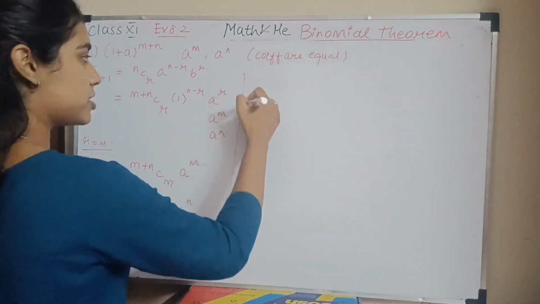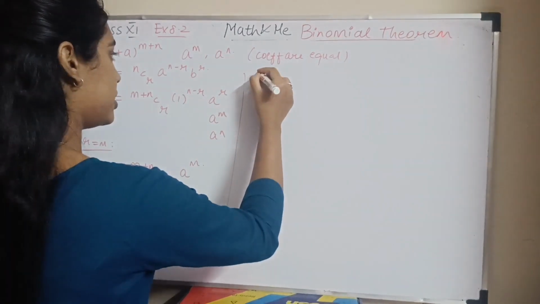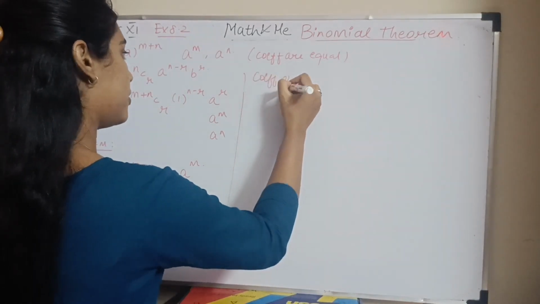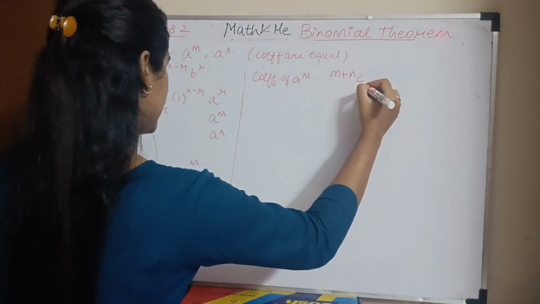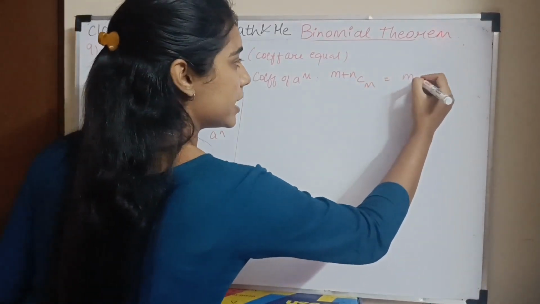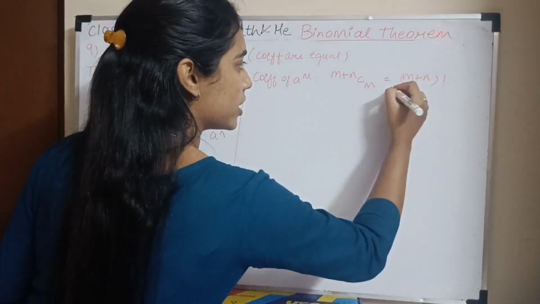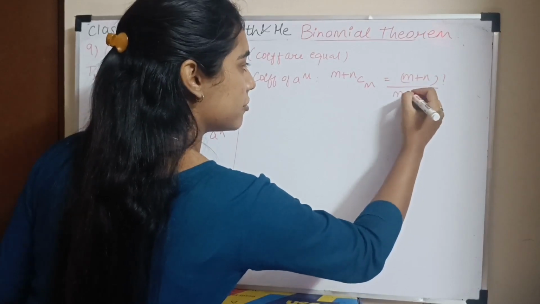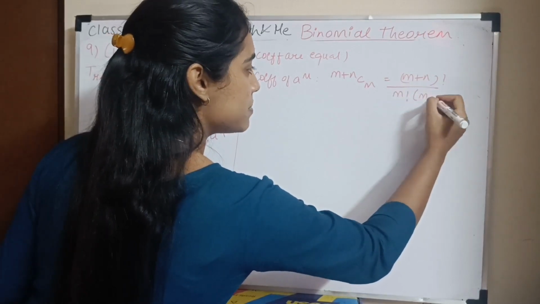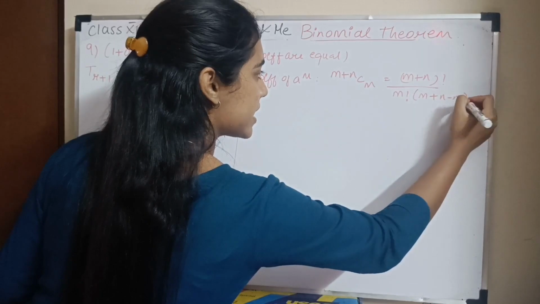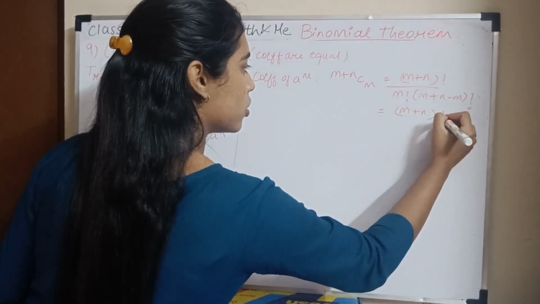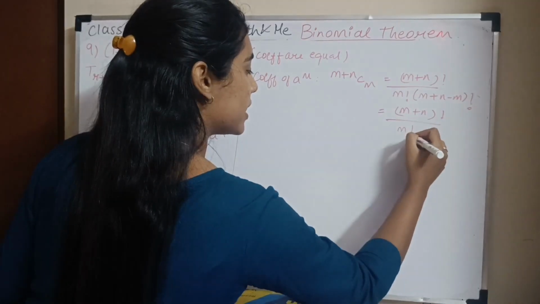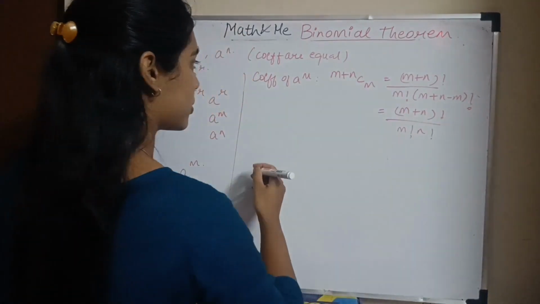So how do I do that? Just open the terms. The coefficient of a to the m is (m+n)Cm, which is (m+n) factorial divided by m factorial times (m+n-m) factorial, which is (m+n) factorial divided by m factorial times n factorial.